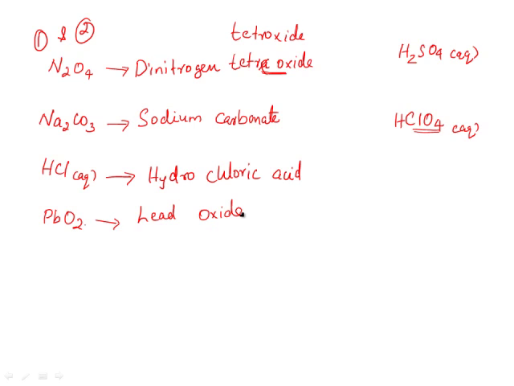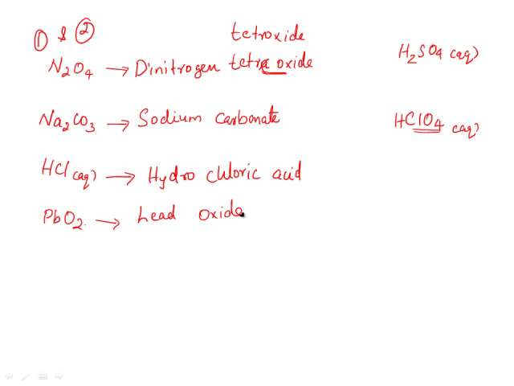What is the negative ion here? Oxide. What is the charge of oxide? 2 minus. How many oxygens do you have there? 2. So how many total negative charges do you have there? 4. So 4 negative charges should be balanced by 4 positive charges, and 4 positive charges should come from the positive ion here, which is lead.